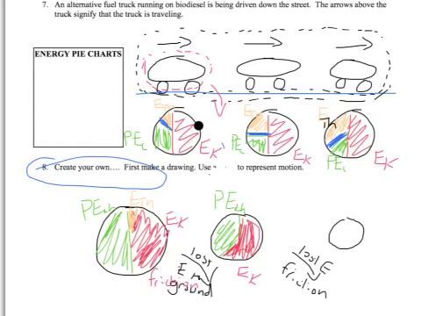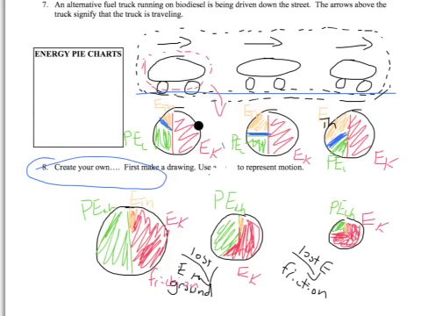I look at this amount of area, and I want to draw this much area right here. Okay, that's about the same. And then I say it's got barely any gas left, and maybe it still has a sliver of thermal on each side.